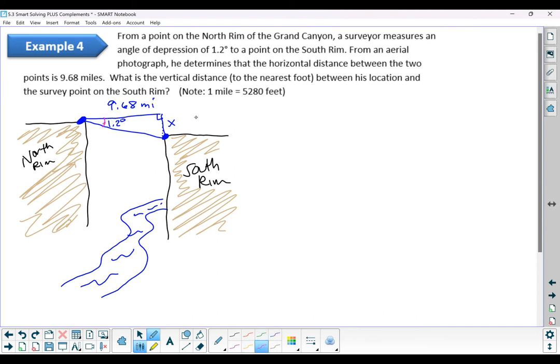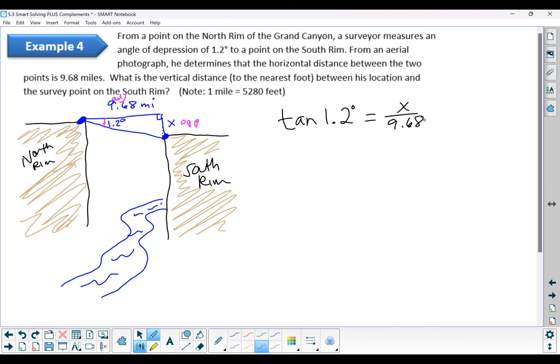From our 1.2 degree angle, this x is the opposite leg, and the 9.68 is the adjacent leg. So if we set up our trig equation, we're using a tangent again. And we do often use tangents for word problems. Not all the time, but a lot of the time we use a tangent ratio. So the tangent of 1.2 degrees is equal to x over 9.68.